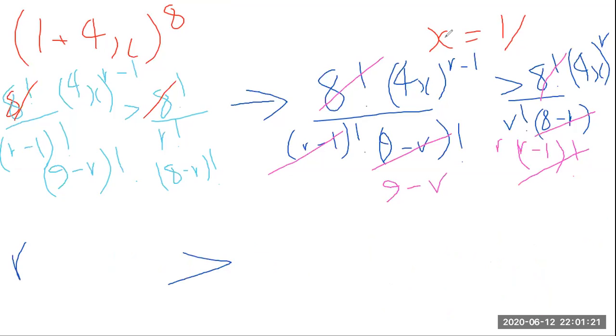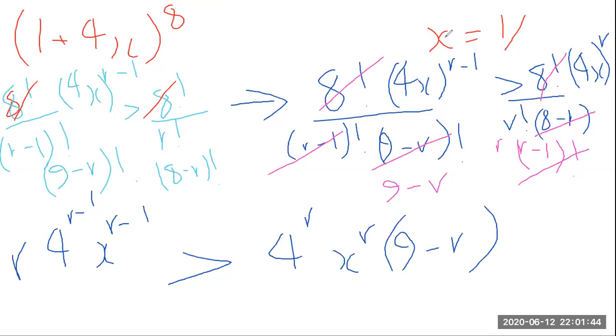r times 4^r times x^r over 4 on one side, and on the other side we have 4^r x^r times (9-r). Take a look at the question.